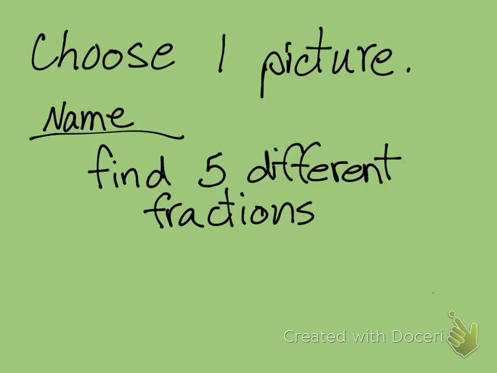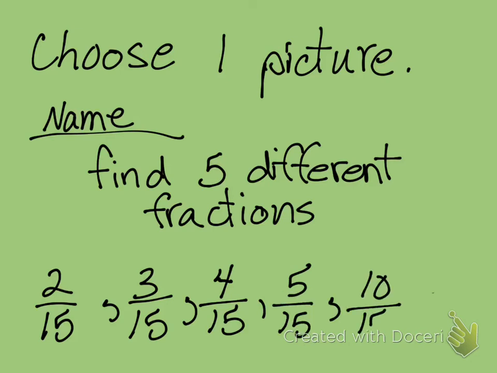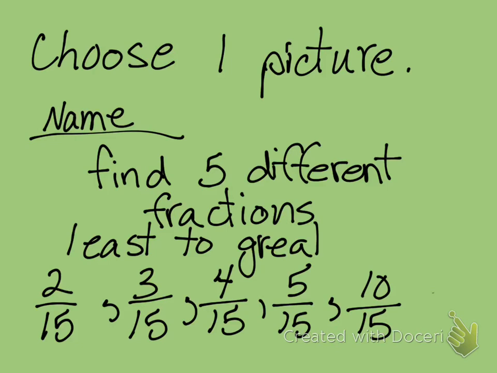Okay, and 2 would be the least, 3 would be next biggest, 4, I can't remember all the fractions I had there, 10, oh no, I had 5, that's right, 5, and then the biggest would be 10. Okay, so writing them in order from least to greatest.